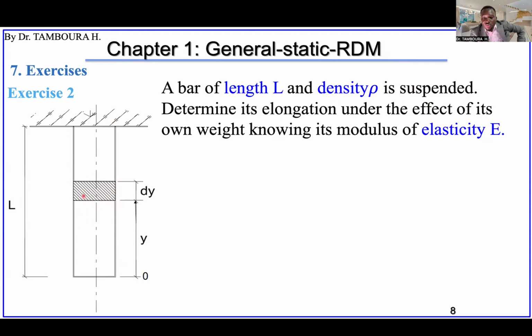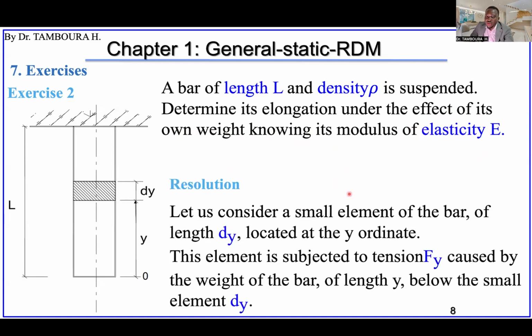The force acting on it will be the weight, the self-weight. So we want to determine the variation in the length, the elongation, under the effect of the self-weight. And we have the Young modulus E. So we will consider here a small element, an elementary element, and we study this element.